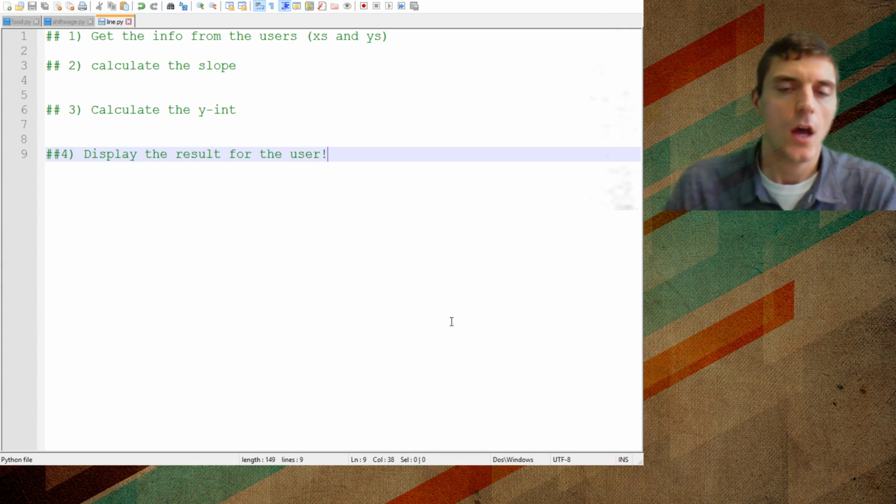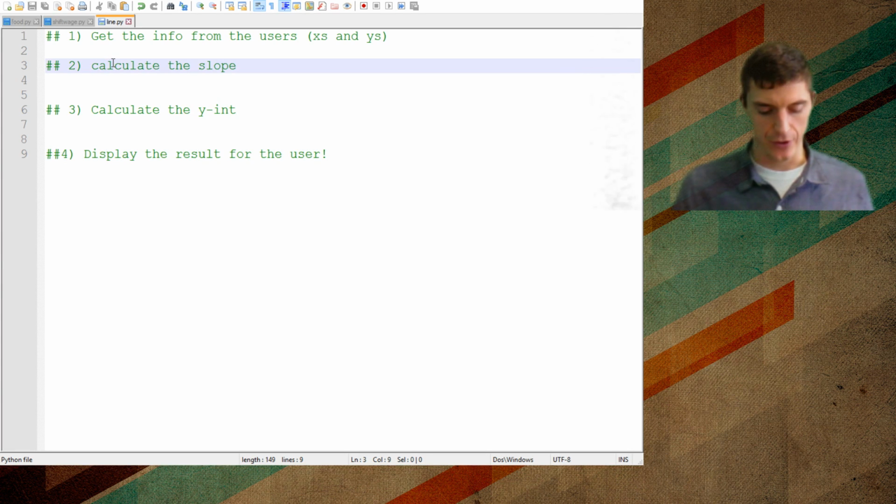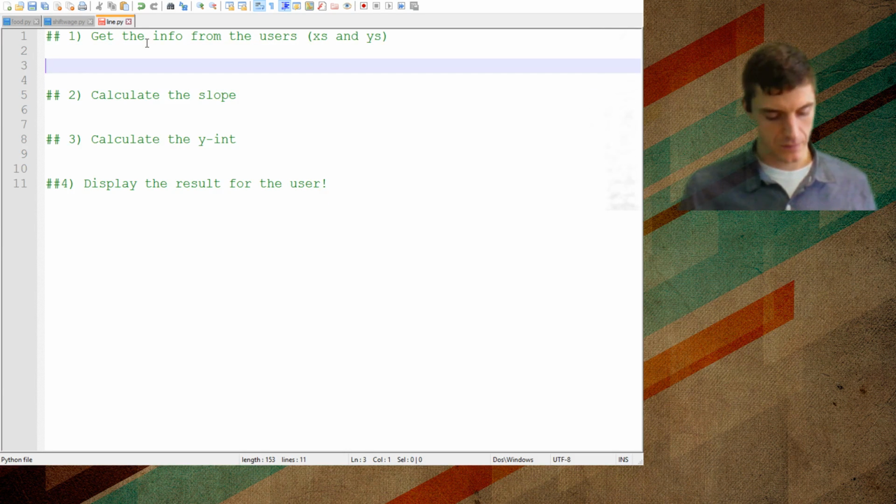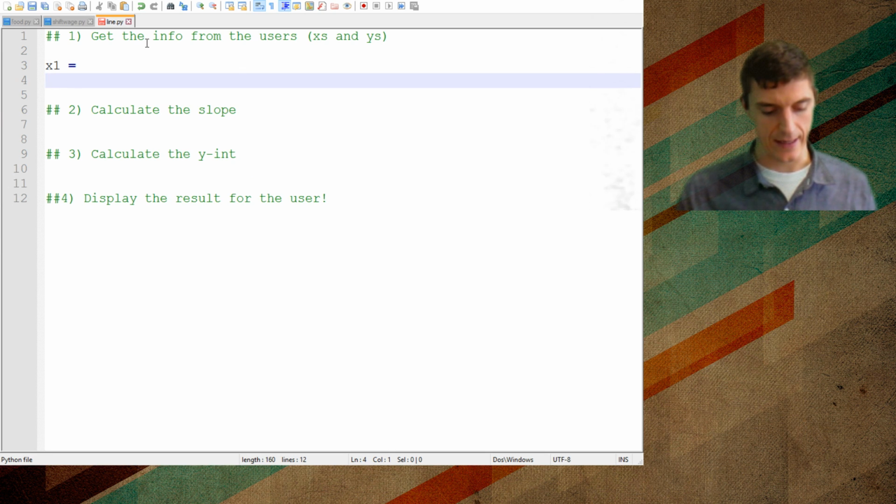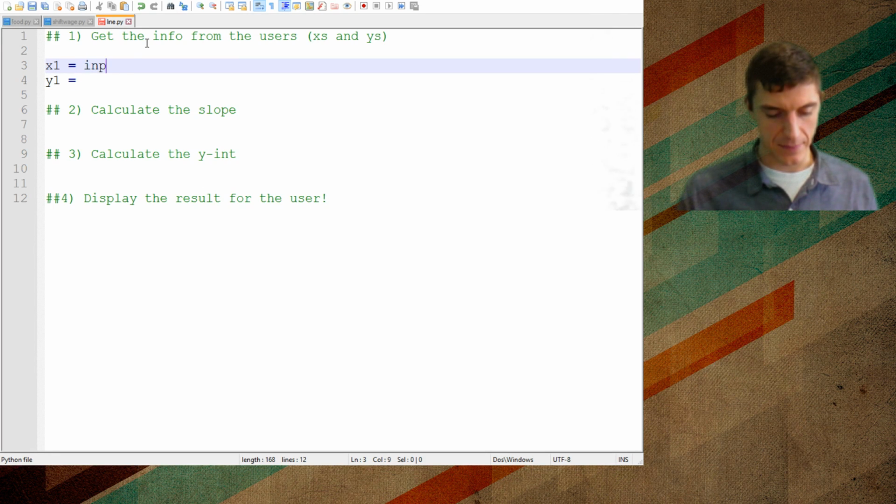Okay. Well, the first one we should be equipped to do before we even begin: get the info from the user. So if I say, I need to get the 2 points, right? The first one's going to be x1 and y1, right? Okay. X1 is going to be the input of what is the first X value.